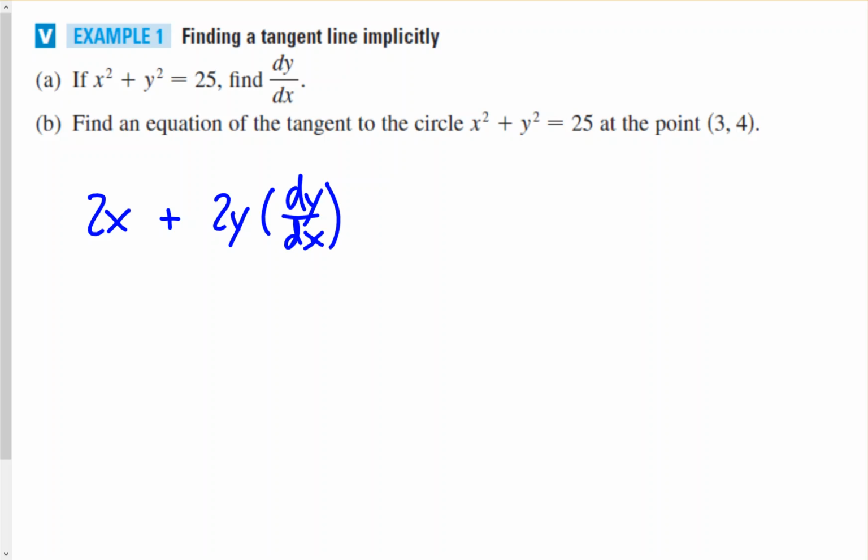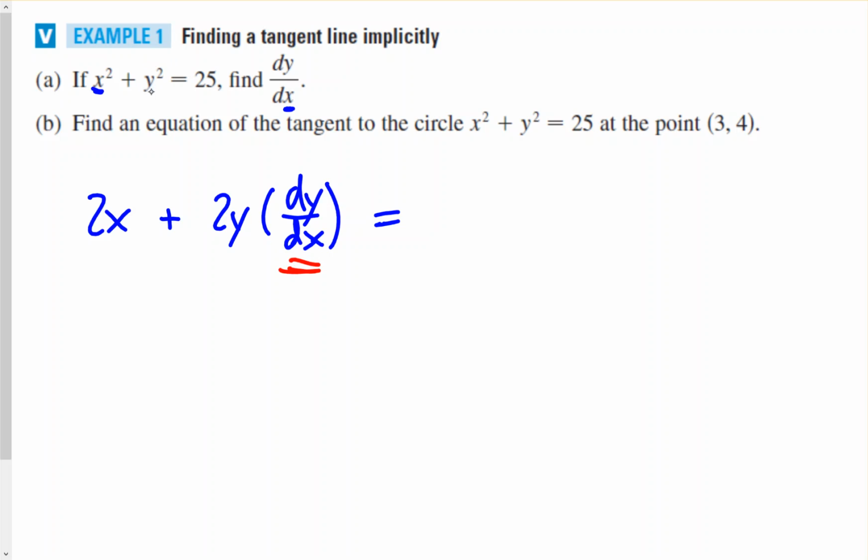One of the things you will notice when we do these derivative problems implicitly is that the x is a native variable to this problem because we're taking the derivative with respect to x. So when we're taking the derivative of an x term, we don't have to worry about this additional chain rule piece.